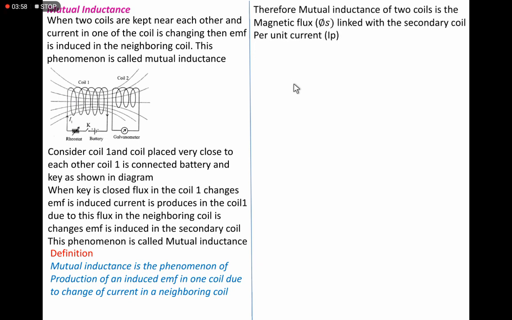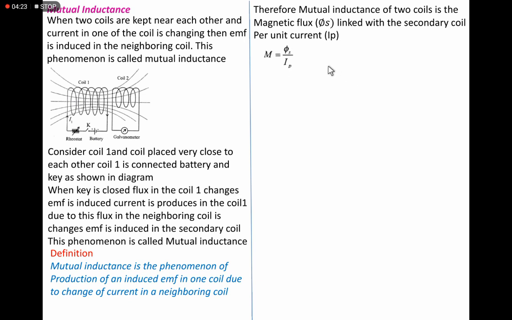Now we know that the flux linked with the secondary coil is phi s. We already studied in self inductance that the flux and the current are directly proportional to each other. Here the flux linked with the secondary is phi s.